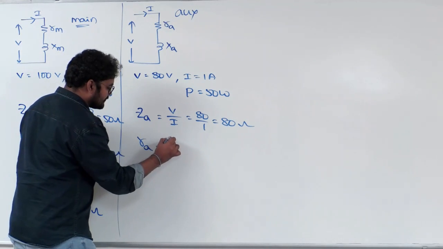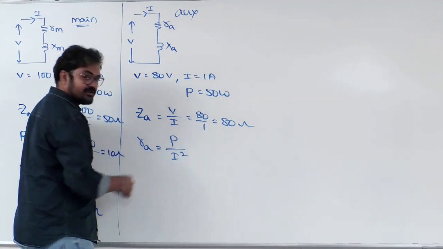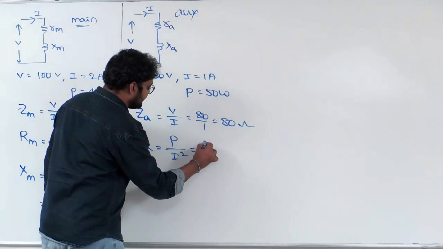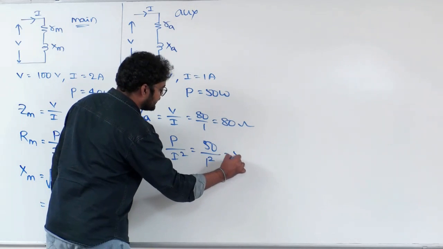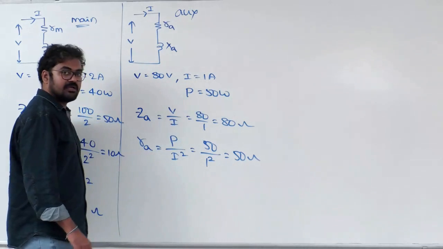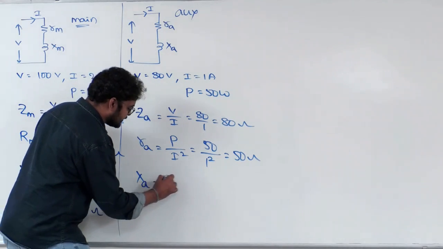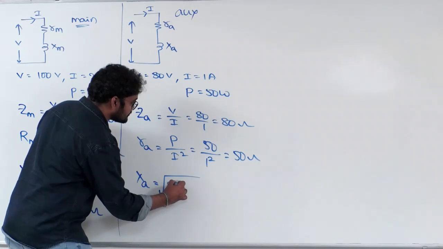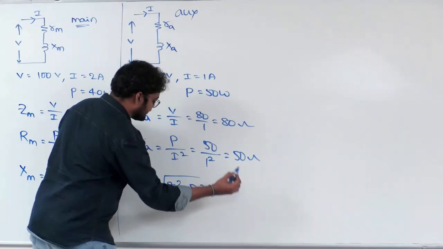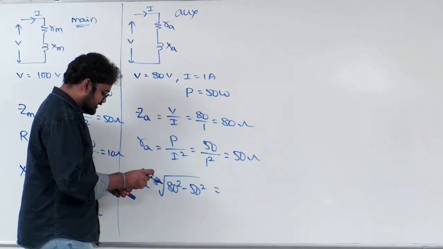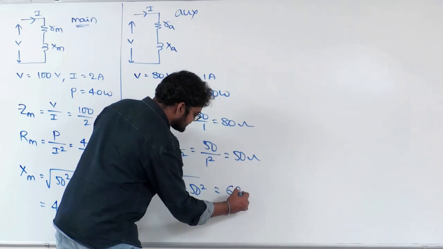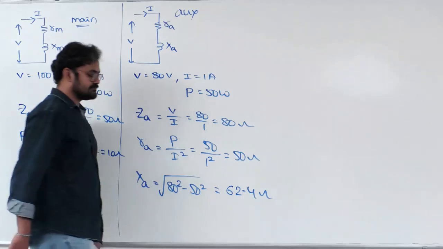Resistance of auxiliary circuit is simply power by I square, right? Power is 50, I square means 1 square, this is 50 ohms. Impedance and resistance are known, then find reactance of auxiliary, that is square root of impedance square minus resistance square. This will give you reactance of auxiliary circuit, that is 62.4 ohms.